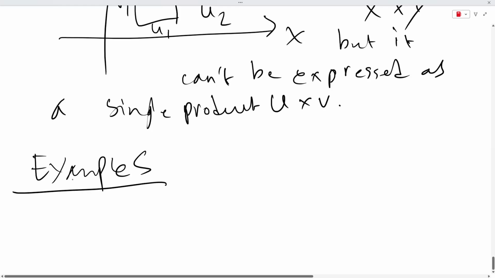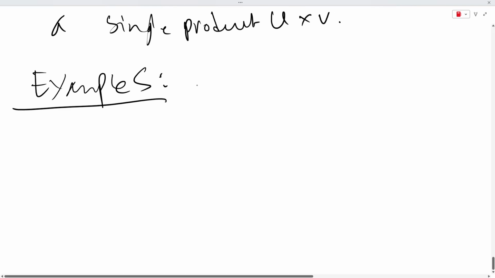I will show some more examples when we get to the subspace section. So the example is the standard Euclidean plane, which is R2.